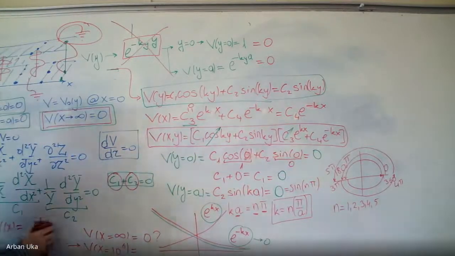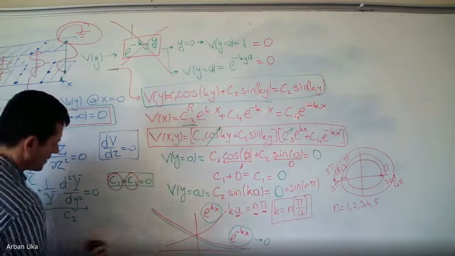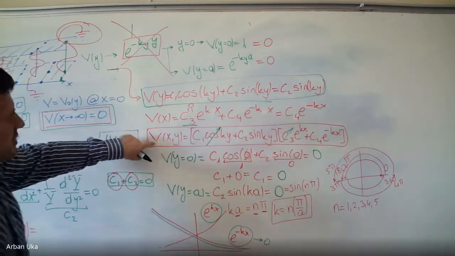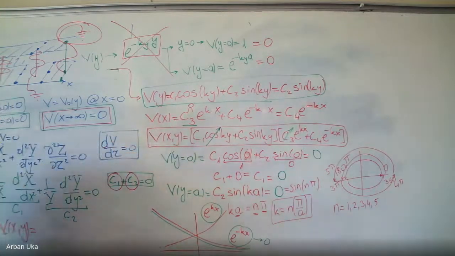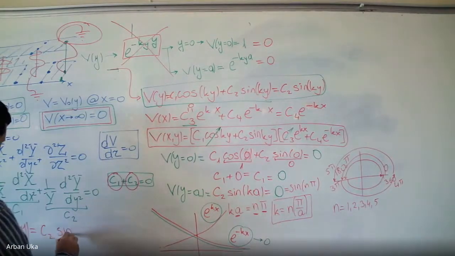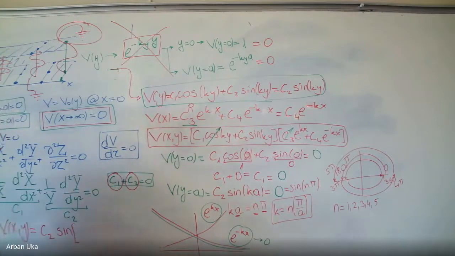Now let's put on the board everything that we found so far. The potential V as a function of x and y is equal to what? Let's read this from here. C1 was 0, so this is going to be C2 times sine of ky. What is k?